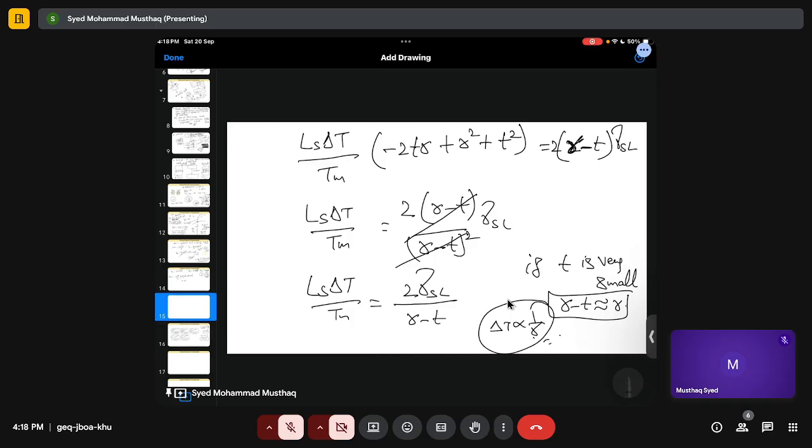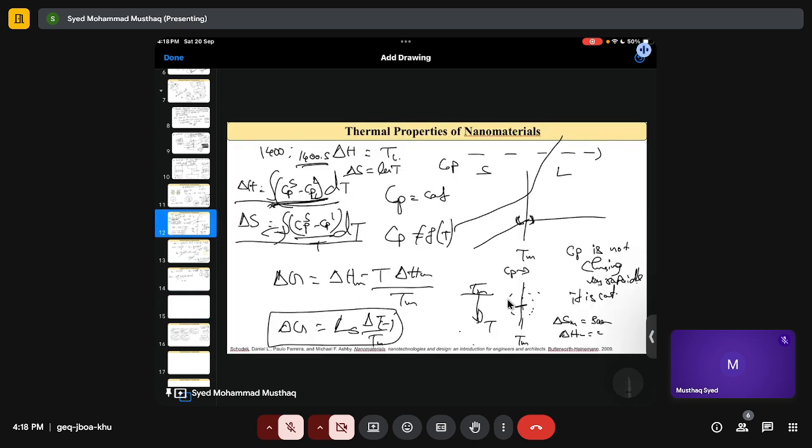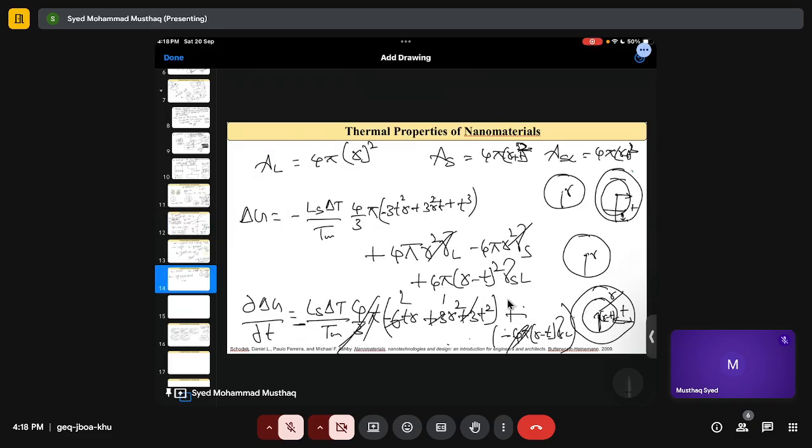So I hope people are okay with it, right? It depends on what you are taking as the initial and final state. If you make a simple mistake like I did here, then the whole calculation will get messed up. So please remember that. Please be very careful with initial and final states, right?